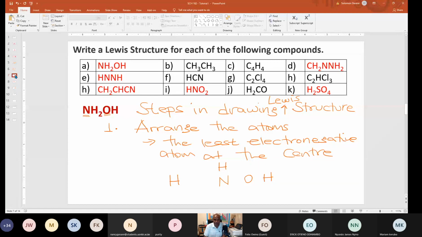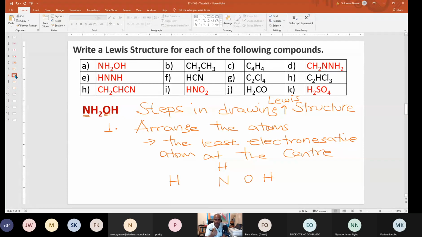I'll give you an example. For example, for HNO2, I know for sure the nitrogen will be positively charged, and one of the oxygens will be negatively charged. So in such a case, we have to determine the formal charges, one of them being plus and the other being minus, because the charges are also part of the structure.